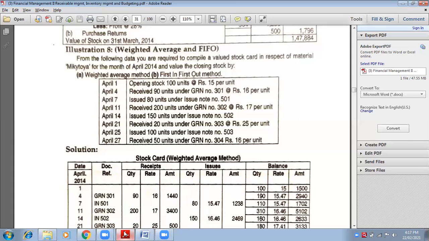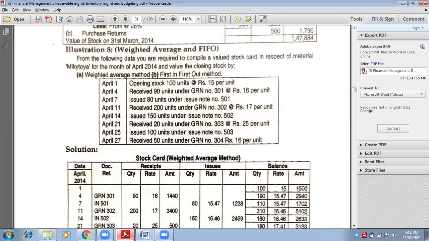90 units, write down after 20. 90 into 16, 1,440. Where are you writing? In the column of issue. Very good. So we issued 20 units first, then 90 units. 20 plus 90, how much is issued already? 110.